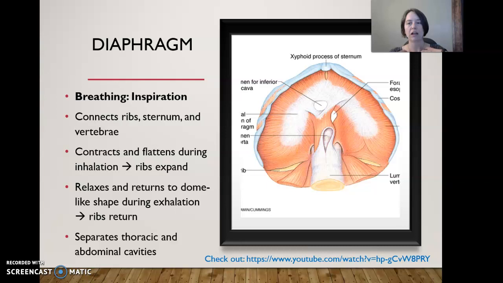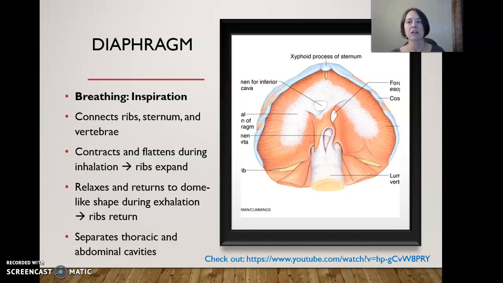What you do is your body makes your lungs bigger by making your chest bigger, and then air just moves in. And on the other way, when it relaxes, your ribs kind of return to a smaller volume during exhalation. So your chest cavity is a smaller volume, and so then there is more pressure in your chest than outside, so air just naturally moves out.